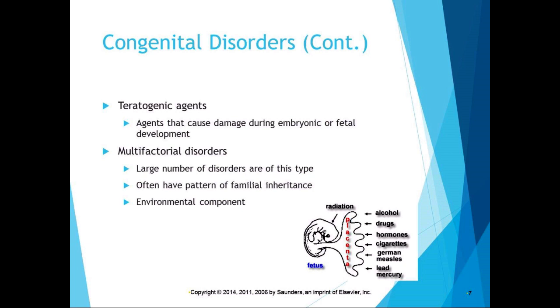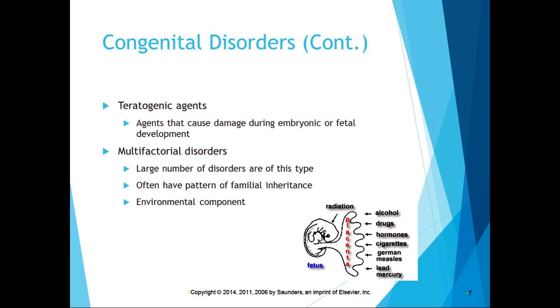All these things can cross the placenta and affect the developing fetus. Because mitosis and differentiation are happening rapidly in a developing fetus, these changes can have a profound effect in the first months of embryonic development. So the teratogenic agents cause damage during that developmental period.